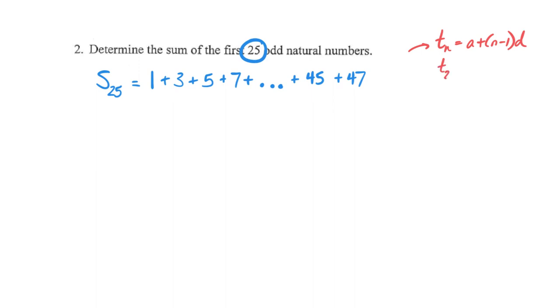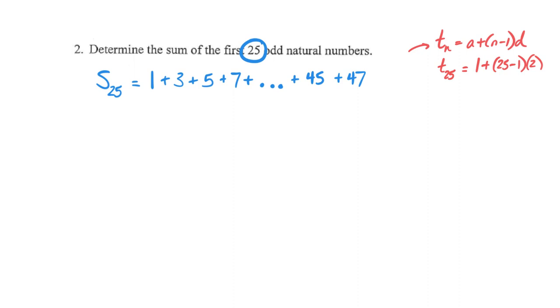I'm looking for what would be the 25th number in that sequence. So that sequence starts with a 1. I'm now looking for 25 minus 1 when I sub in my 25 for n. And I notice that my common difference in this problem is 2. I'm moving up by 2 on every term.